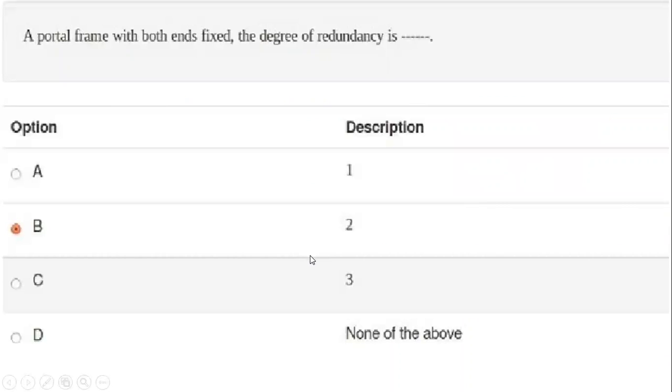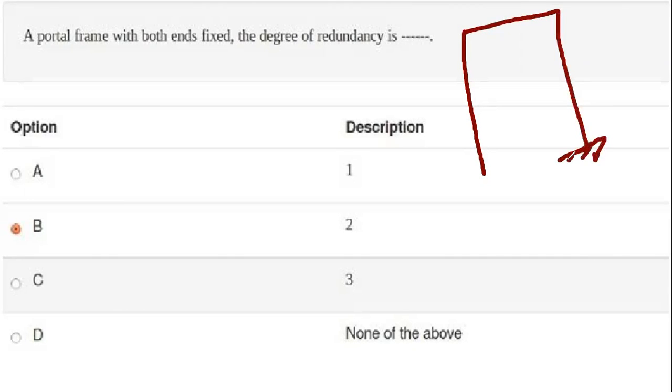Portal frame with both ends fixed: degree of redundancy is nothing but the DSI. A portal frame means two columns and one beam connected with rigid joints. The DSI for a frame is given by R minus 3 plus 3C, that is, DSI external plus DSI internal.